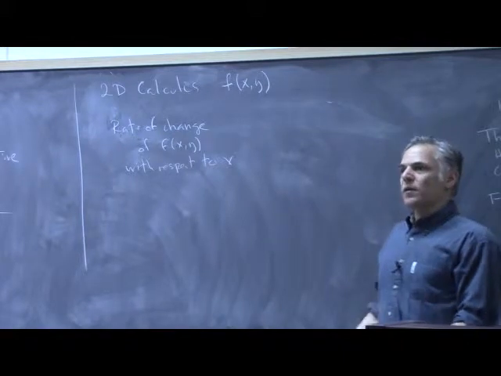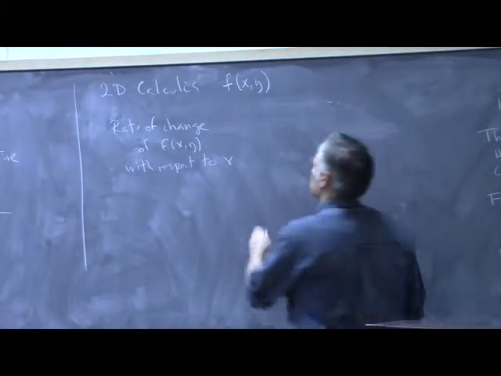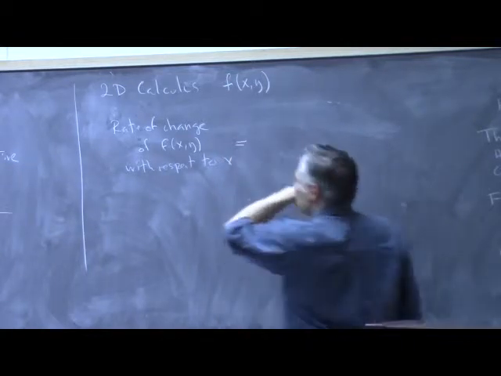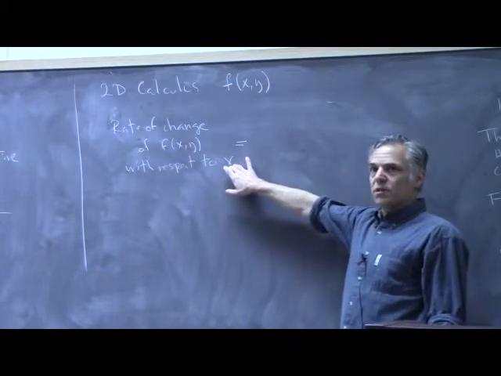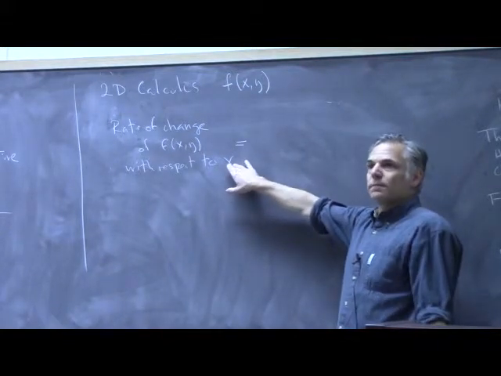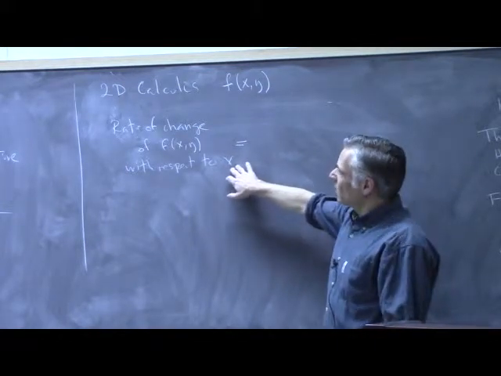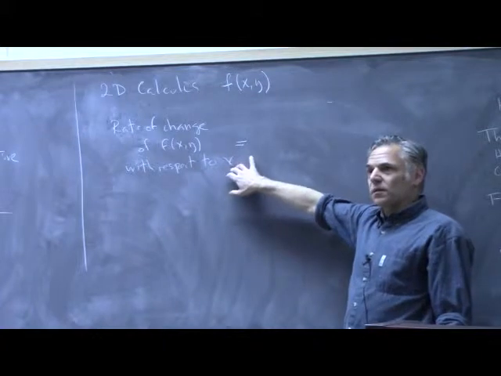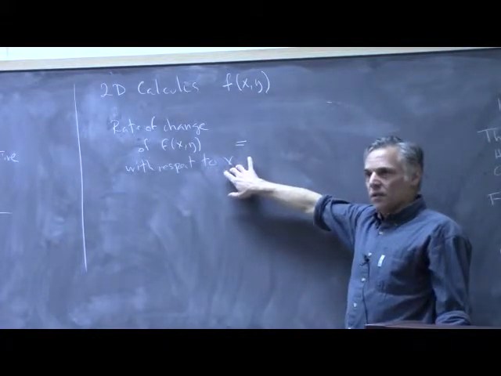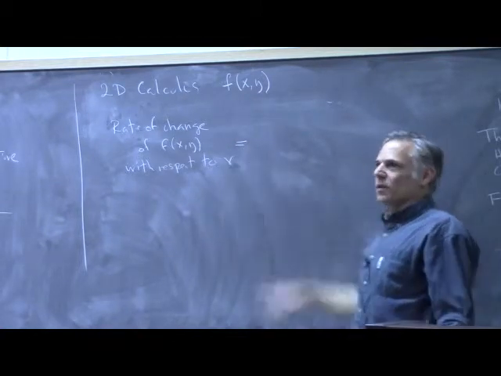And all of a sudden, we're back to 1D calculus, because y is no longer a variable. That just says, if I walk in the x direction, what's the slope? You already know how to do that, actually. So in some measure, the first part of multivariable calculus is shockingly, almost disappointingly easy. There's really no difference between 1D and 2D at one level.